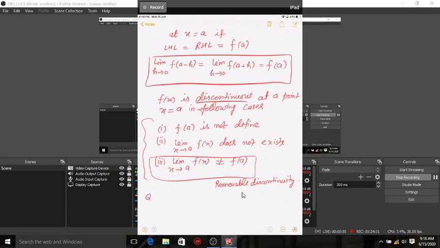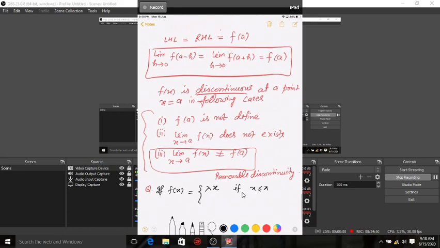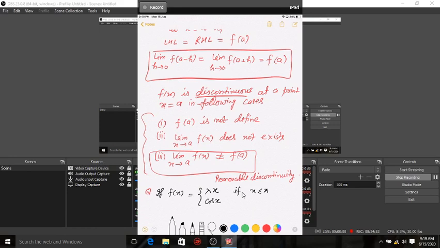Question is, if f(x) is equal to lambda x if x is less than or equal to pi, and its value is cos x if the value of x is greater than pi, and this function is given continuous, then find the value of lambda.